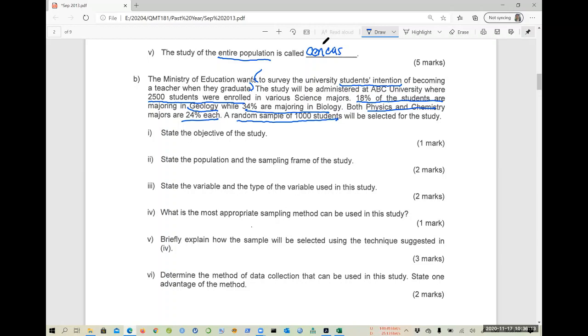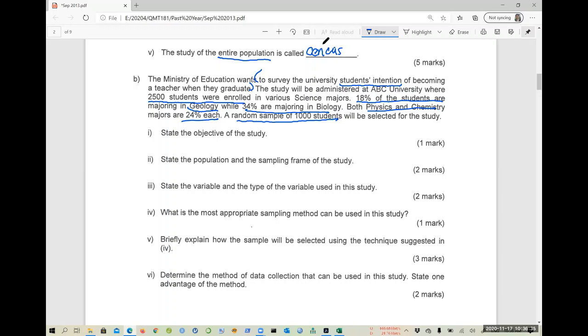And then state the population and the sampling frame of the study. So the population here, this one is being done in ABC University, and that consists of 2,500 students, right? So that means the population will be all of these students.